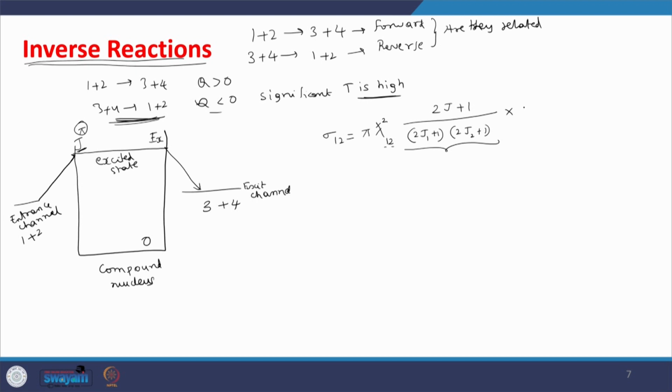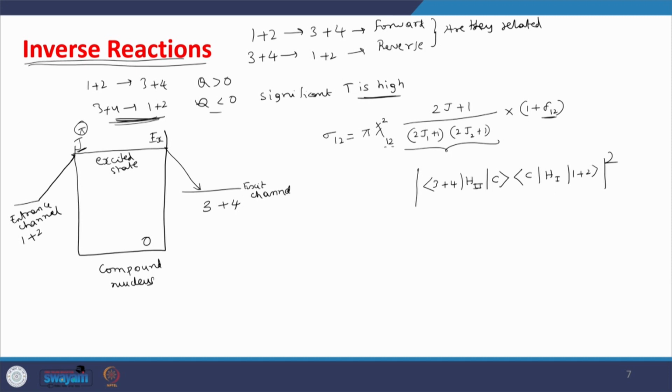This is multiplied by a factor for the identical nature of the particles; to account for it, we have to use the Kronecker symbol. And the fourth term is a matrix element, 3 plus 4, H2, compound nucleus, and compound nucleus, H1, 1 plus 2, squared. The indices 1 and 2 refer to the particles involved in the entrance channel.